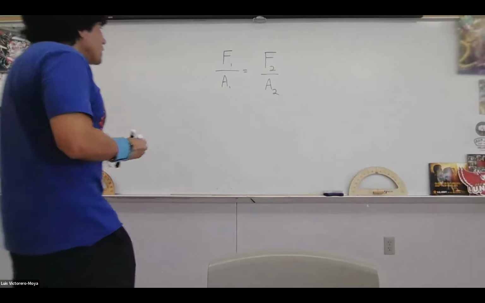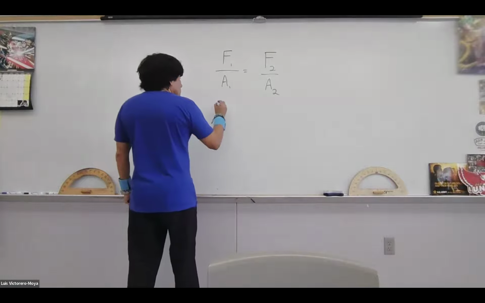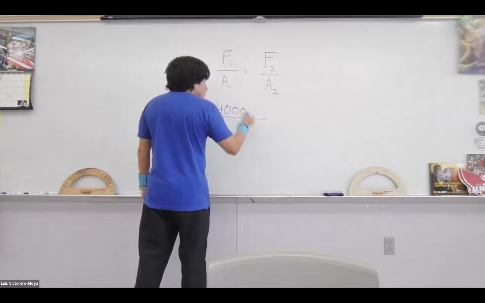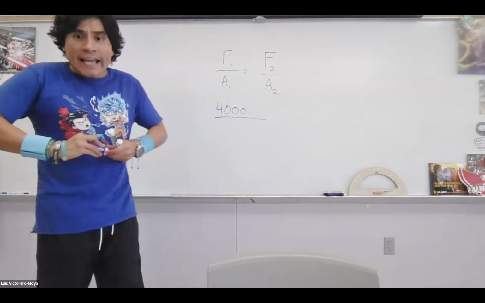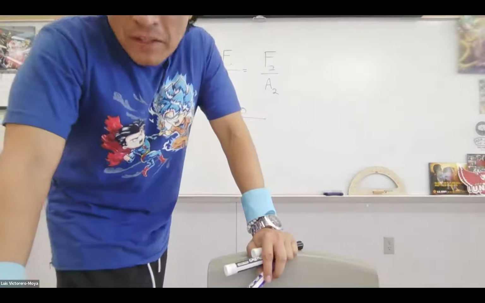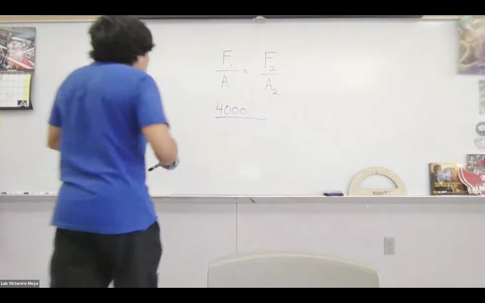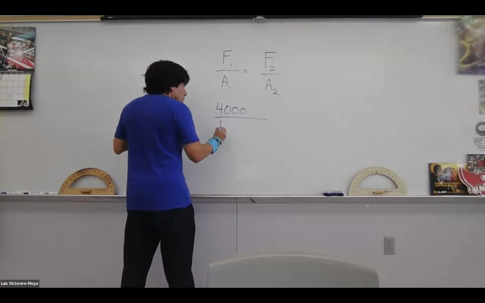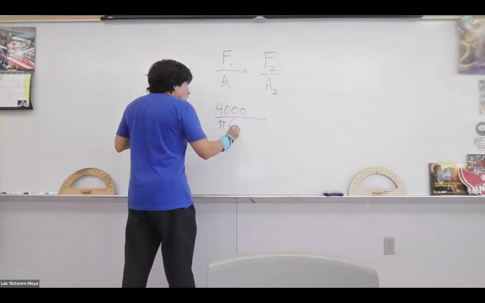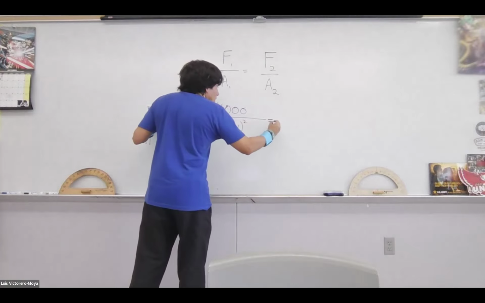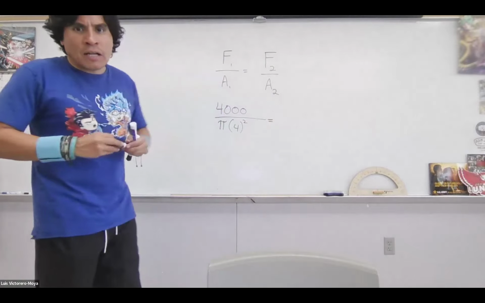So F1 is 4,000 newtons. And the area, so if it's a piston and they give you the radius, you can say pi times, let's stay with 4 squared. Because you know at the end of the day, the units are going to cancel.